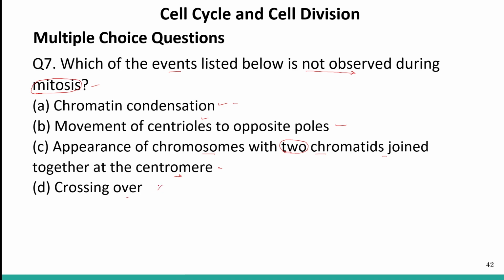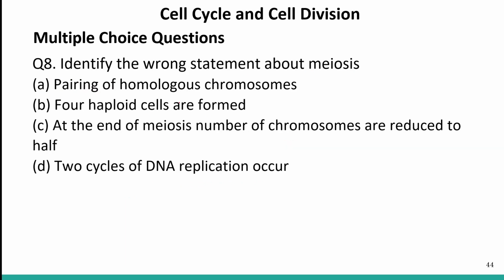There is no crossing over during mitosis. Okay, crossing over takes place during meiosis. Okay, which leads to variation. Alright, so the answer should be crossing over. Crossing over is not seen during mitosis.